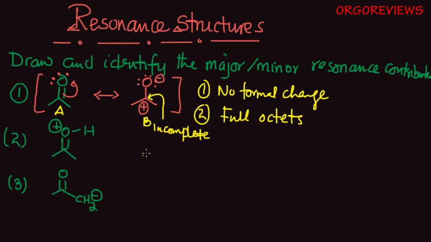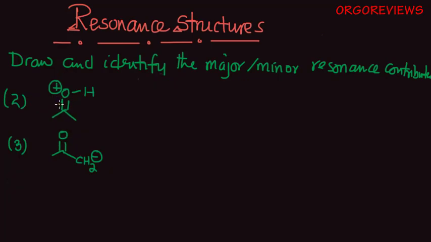For example 2, we're just going to move this pi electrons onto this oxygen, and that will provide us with the resonance structure. So let's see what you're going to get. You're going to get a single bonded oxygen with a hydrogen, and you're going to have 2 lone pairs of electrons, and the carbon is going to have the positive charge.